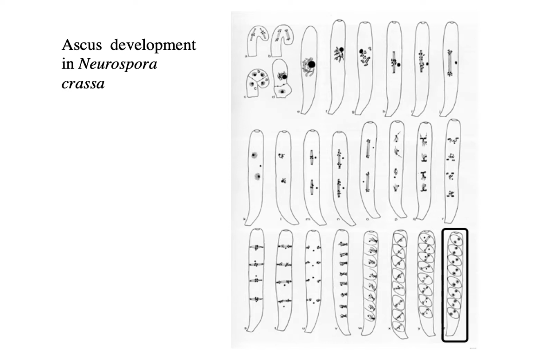So you can do genetic crosses and then take the spores out using a dissecting scope one by one, and then you can grow each one of those spores and look at the genotypes and the phenotypes of those individual spores. So you can detect how different alleles are segregating within that population of cells.